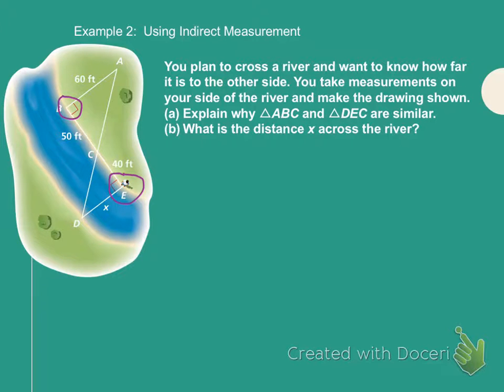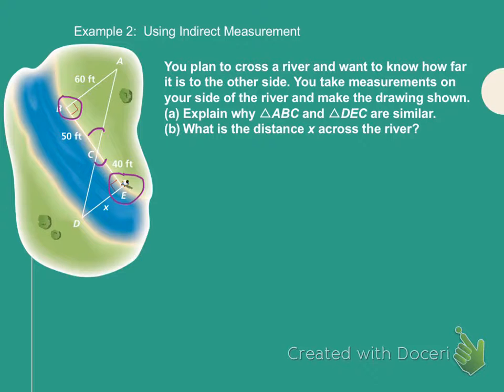So in other words, this angle and this angle, we know since they are alternate angles that they are congruent. So since we have two angles that are congruent, we know that both of these triangles, triangle ABC and triangle DEC, are actually going to be similar. And that the third angles are going to be congruent, actually, the same.